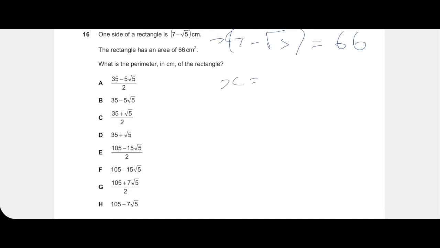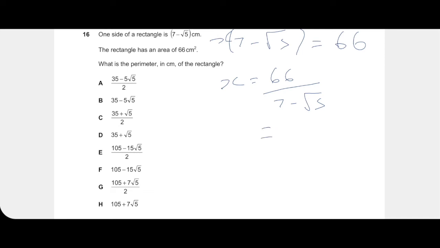x is equal to 66 over 7 minus root 5. So now we know what x is, and we want to rationalize the surd at the bottom.